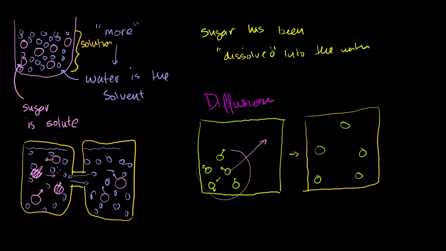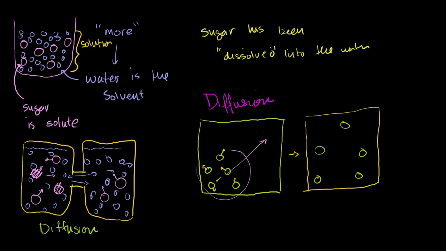But anyway, this whole process, we went from a container of high concentration to a container of low concentration, and the particles spread from the high concentration container to the low concentration container. So they diffused. This is diffusion.